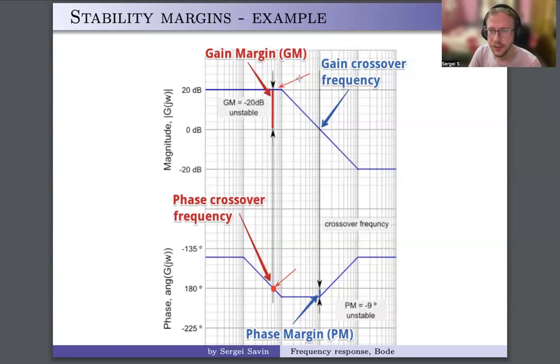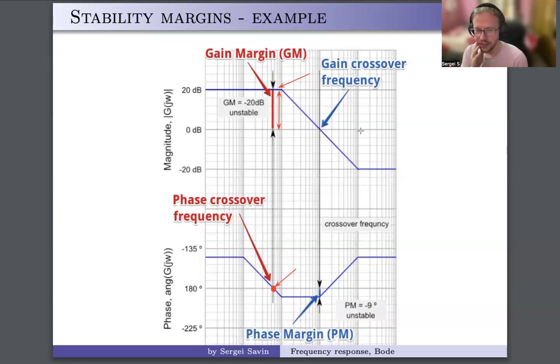If it was 0 decibels, we would have been in big trouble. But we're not, because it is minus 20 decibels. So we call this 20 decibels a gain margin. If our controller increases our amplification by 20 decibels, then we'll be in trouble. But until then, we are fine.